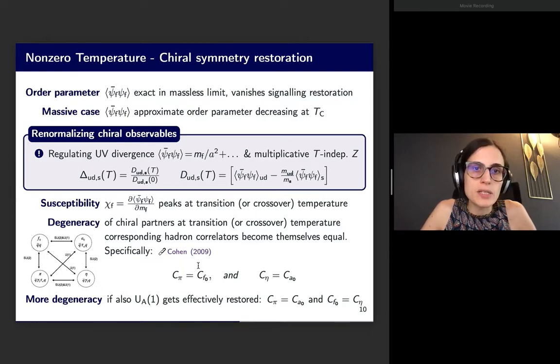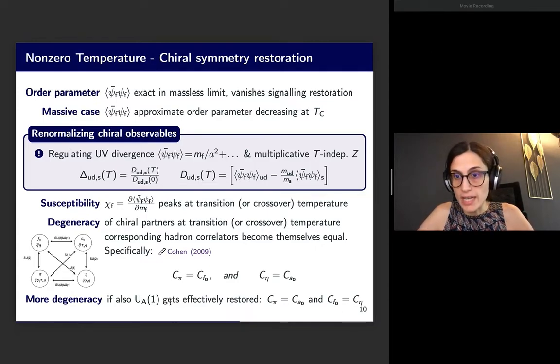Okay, and then correspondingly to chiral symmetry restoration, there are some other important aspects that you might want to look at in a lattice simulation, and these concern the degeneracy of species, in particular of what we call chiral partners. So what is that? We have particles like the pion or f0 or the eta and so on.